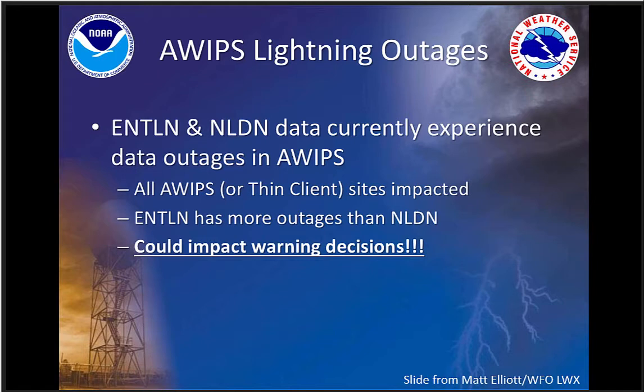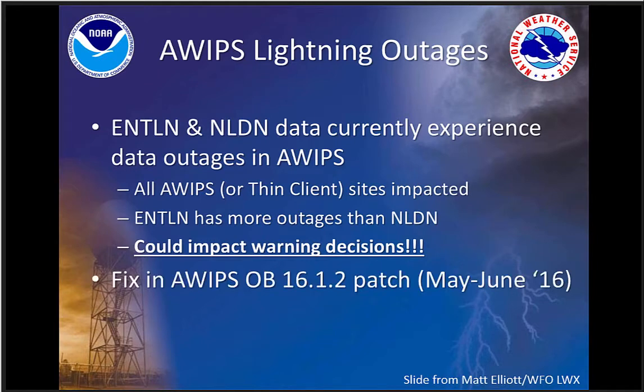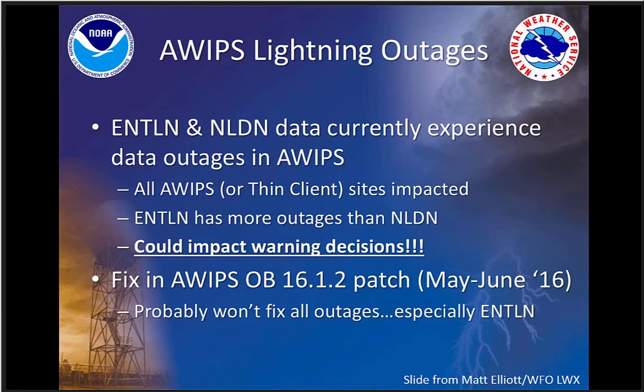We're still seeing probably 4 to 5 1-minute data outages per day. And so if you're really unlucky, that 1-minute outage could occur in the middle of your monitoring a storm or warning on a storm. So there is a fix that's becoming available next week to all 16.1.2 sites. It won't fix all the outages, but it'll make your Earth Networks data much better.